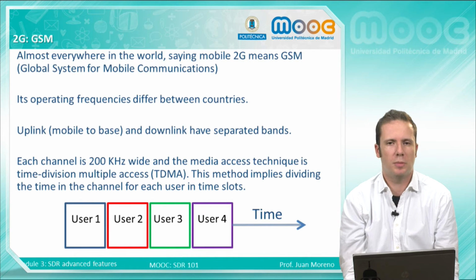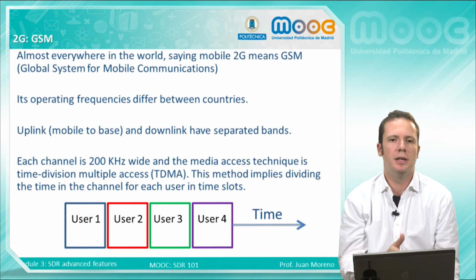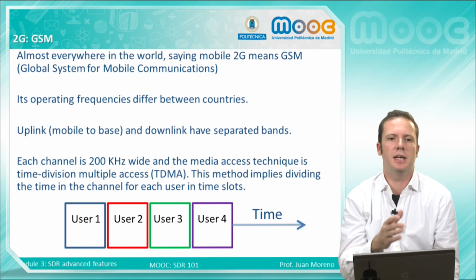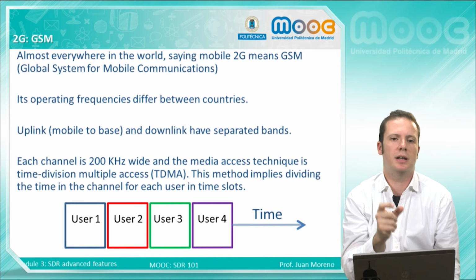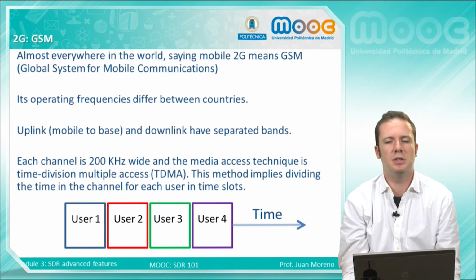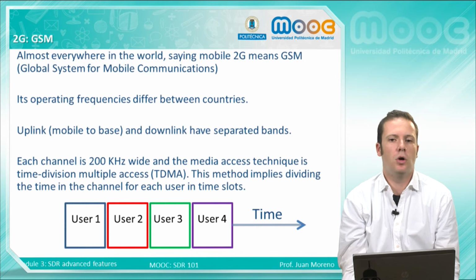You probably won't be able to hear anything. But if you establish some turn system, saying you speak first, then you, you are implementing a time division multiple access. So this method implies dividing all the available time in the channel for each user in time slots.